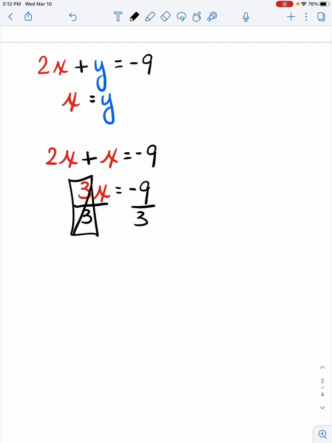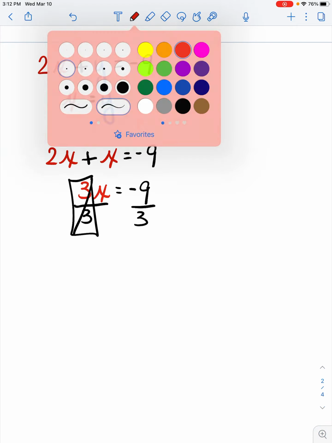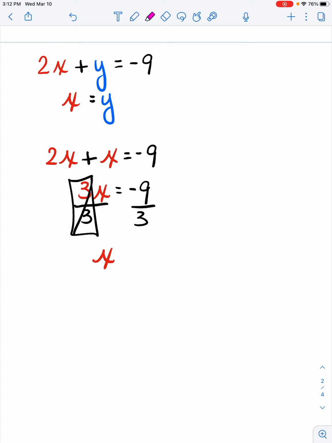This is going to cancel out, and I'm left with x is equal to negative 3. Well, guess what? If x is negative 3, y has to be negative 3 because they're equal, right? The second equation says x equals y. So my ordered pair is going to have to be negative 3 comma negative 3.